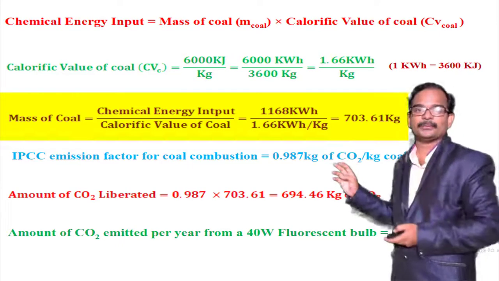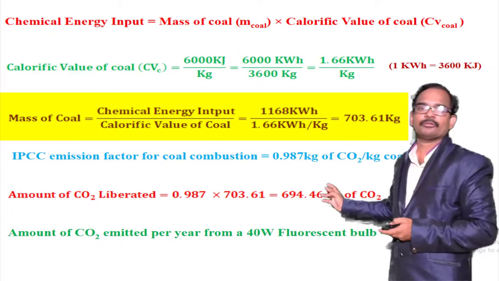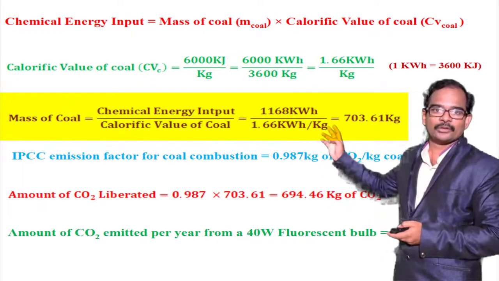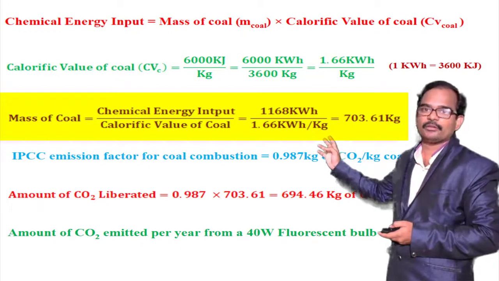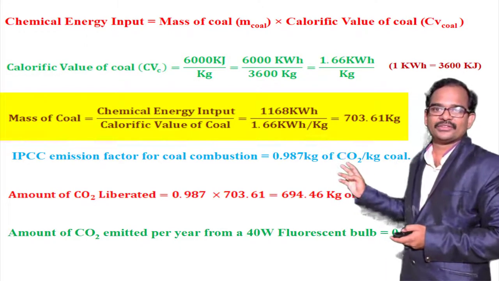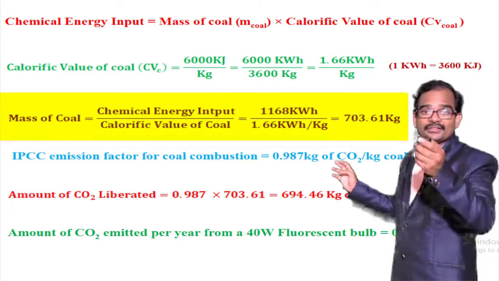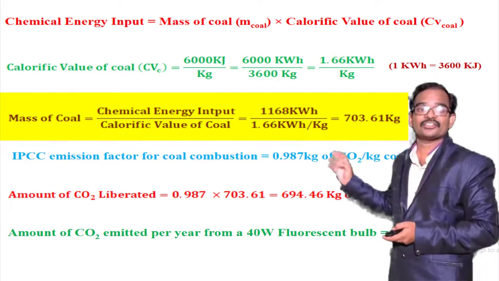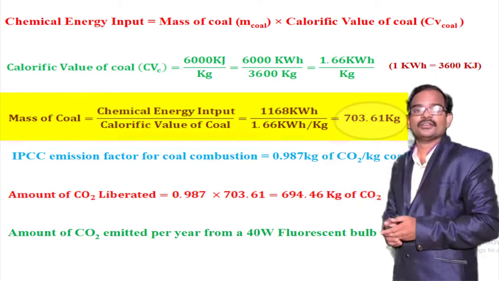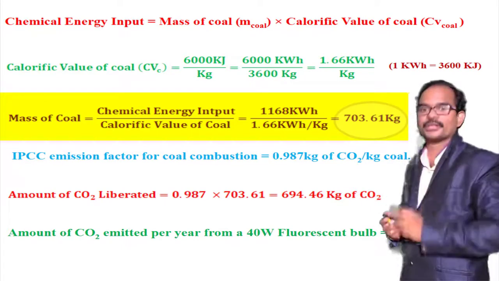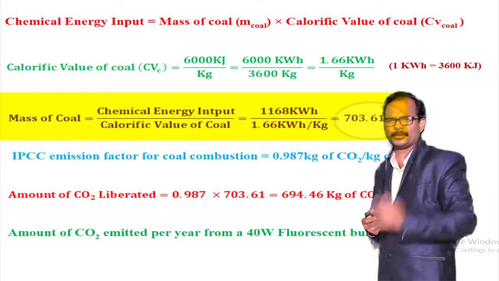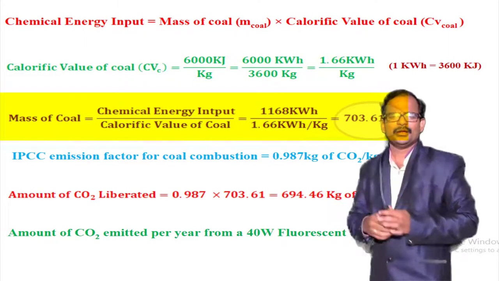Now what is the mass of the coal? Mass of the coal is chemical energy input divided by calorific value of the coal. The chemical energy input is 1168 kilowatt hours. Calorific value is 1.66 kilowatt hour per kg. So it is 703.61 kgs. You can see the important point here. If you see it as a problem, it will be only a problem.